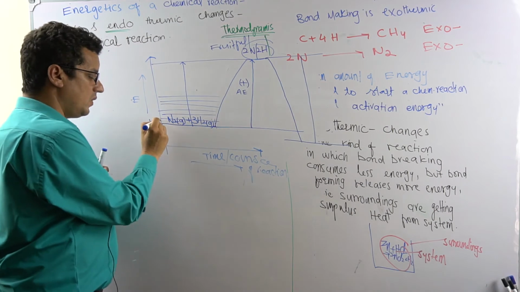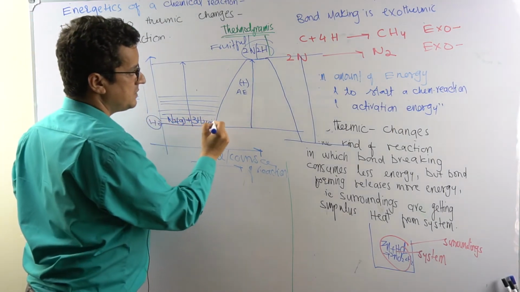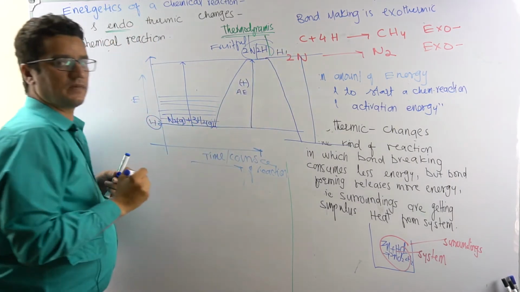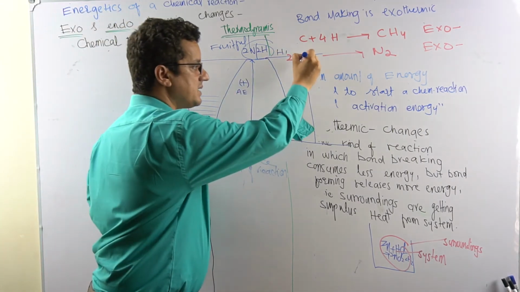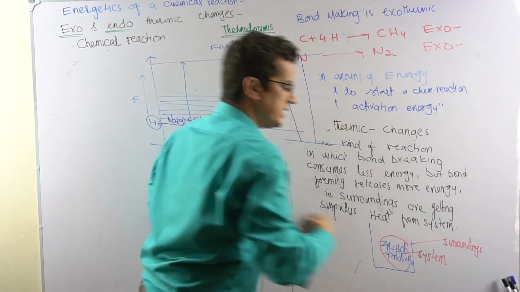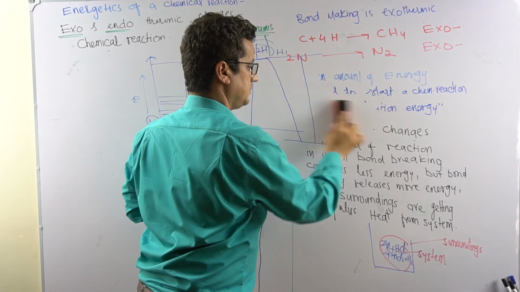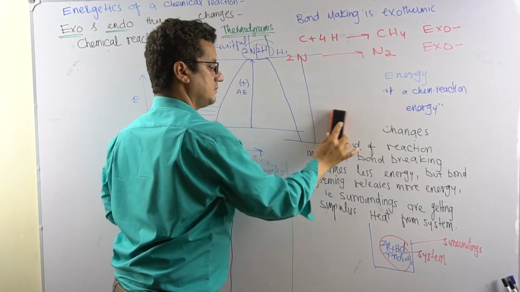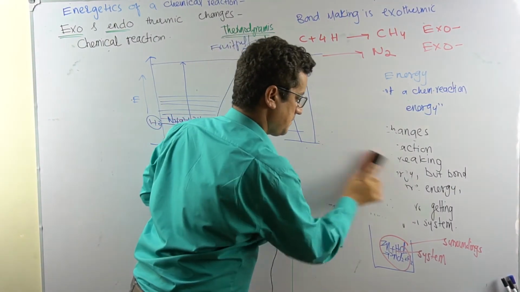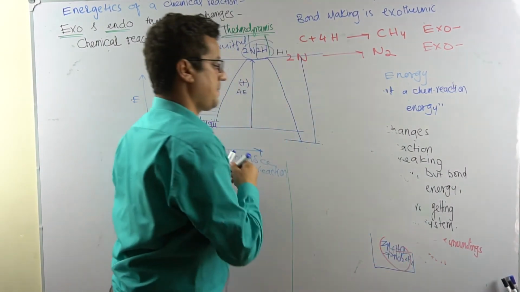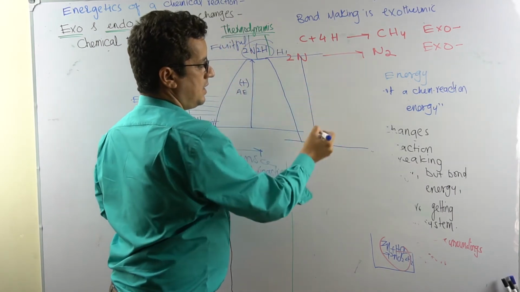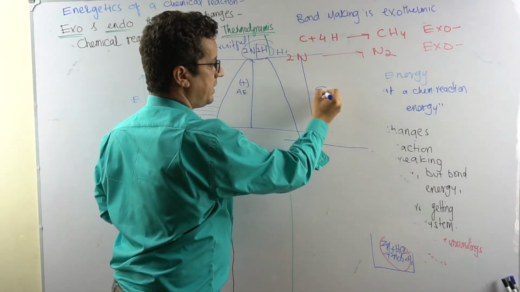This was the original energy level. It has absorbed energy from this point to this point, we call it H1, and then from H1 it starts releasing energy after bond breaking. Bond making releases energy, and that amount of energy which is released is shown by a negative sign.